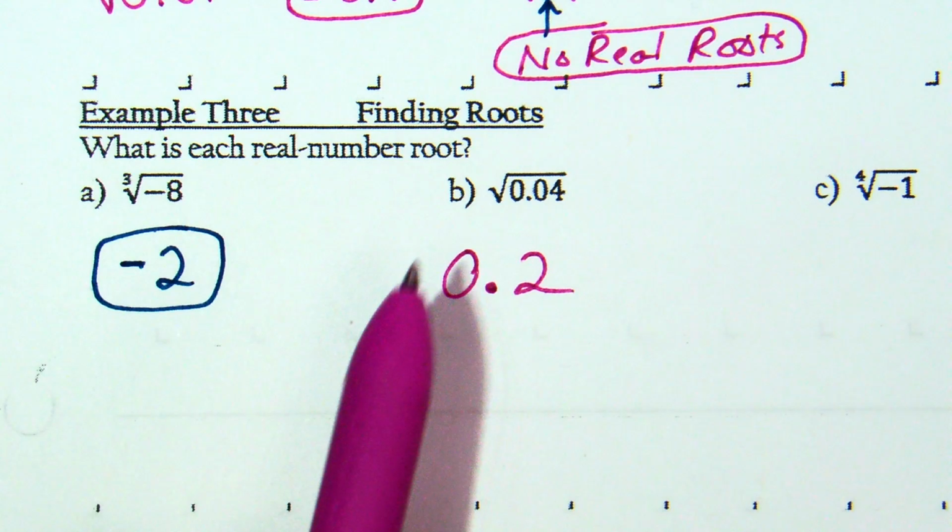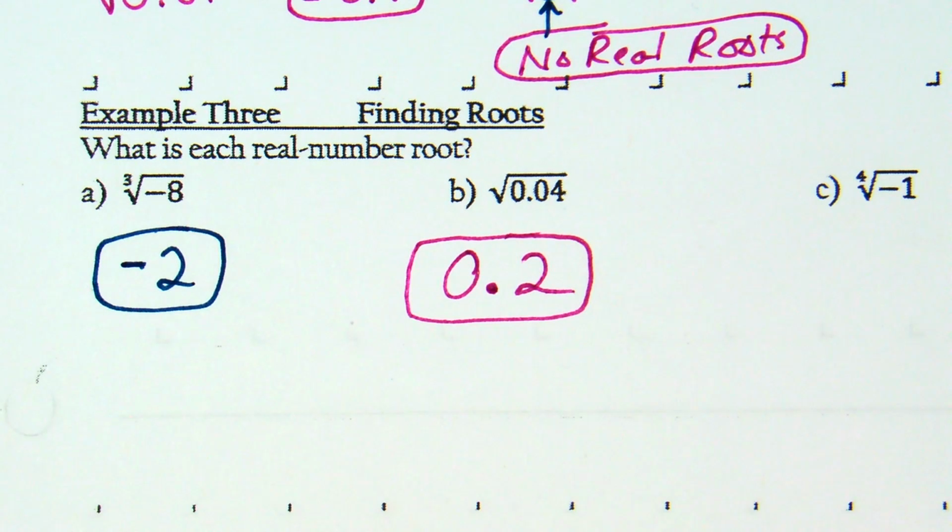Because it's a radical sign. When they give the radical sign, they only want the positive root. They don't want plus or minus. If they wanted a negative root, they would put a negative out front of the radical, and that would tell you to give the negative root. But because it's a radical sign, the radical sign generally only wants the positive root.